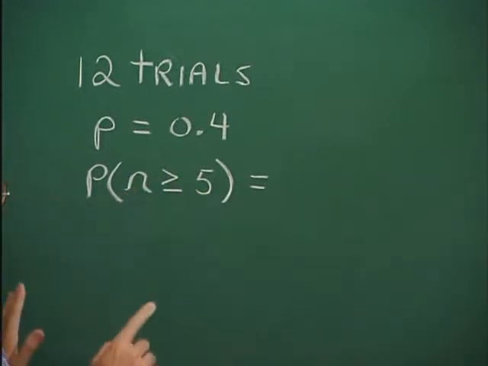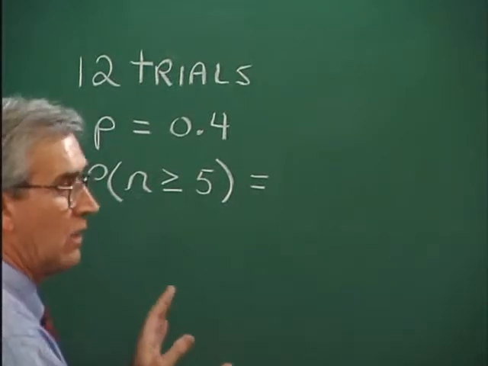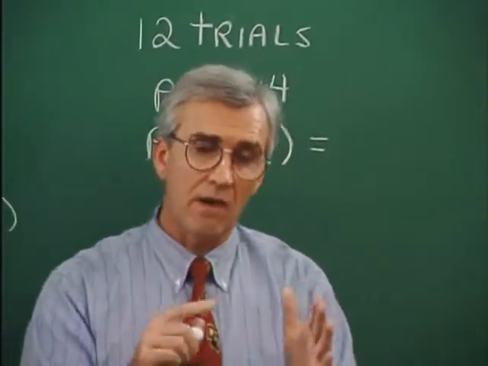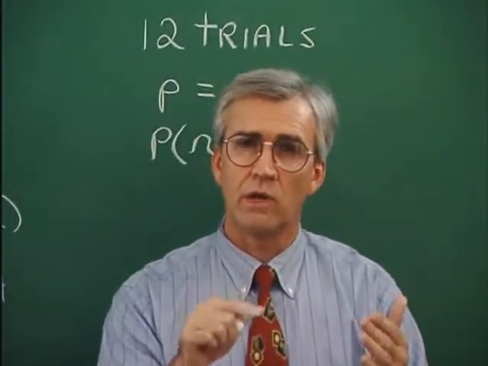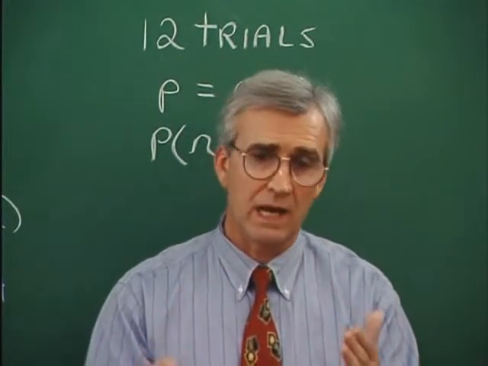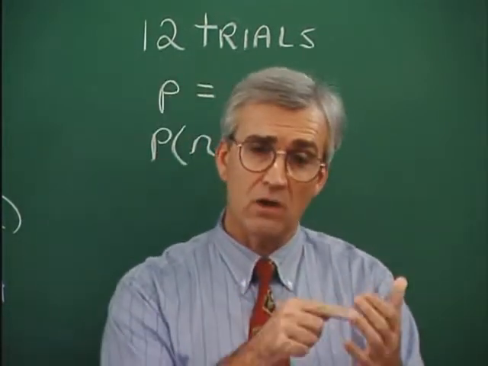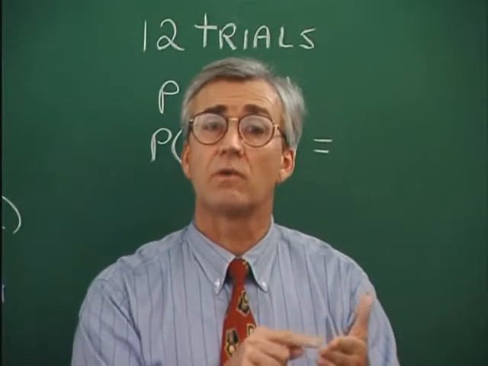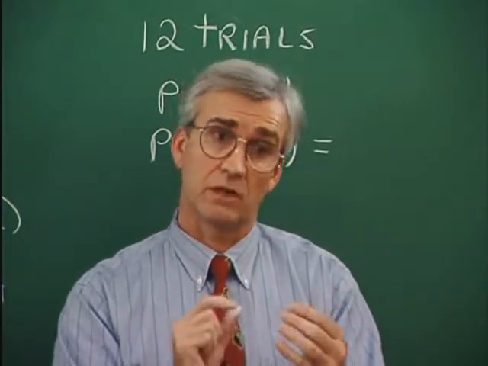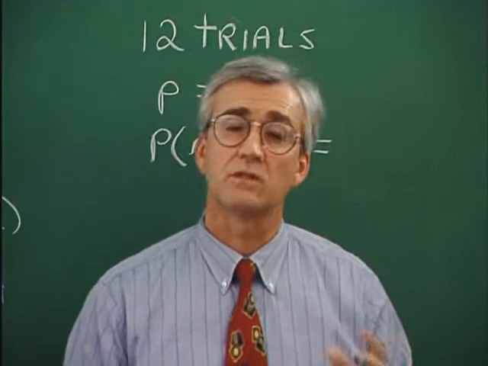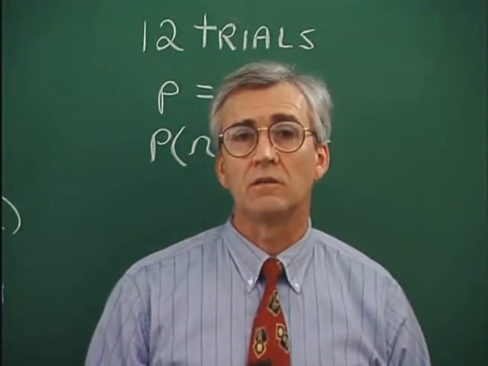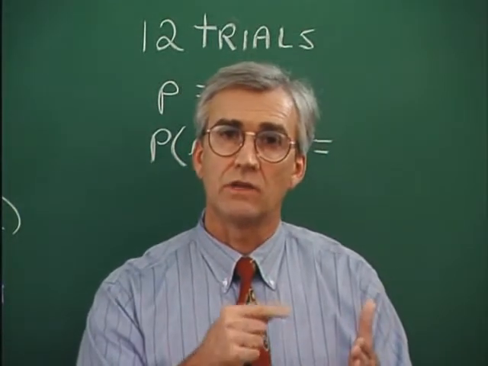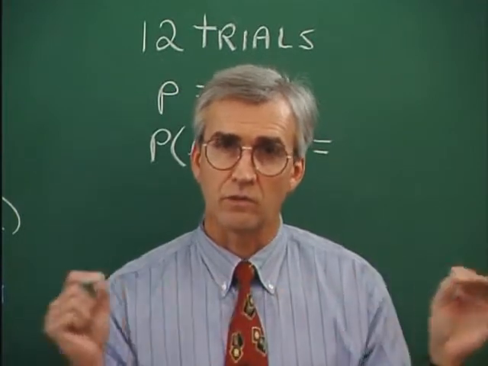Now, if we're working this algebraically, or if we're using the table, the probability that R is greater than or equal to 5 would be found by adding the probability that R is equal to 5 plus the probability that R is equal to 6 plus the probability that R is equal to 7 plus and so on up until we add the probability that R is equal to 12. So we would add all of those probabilities.